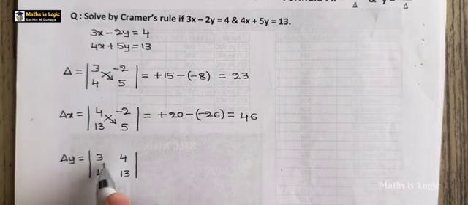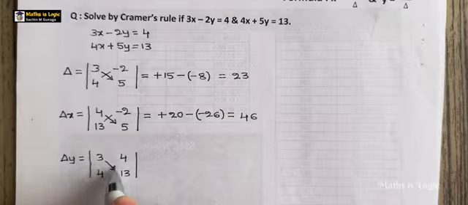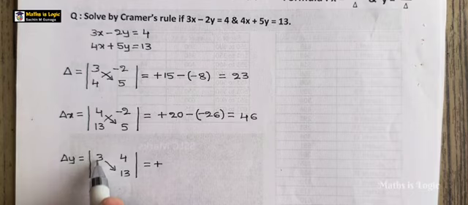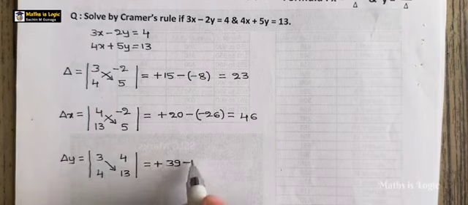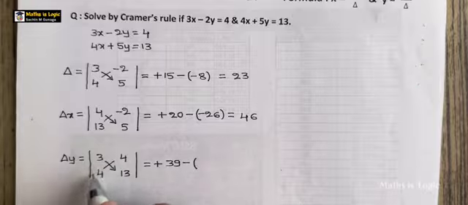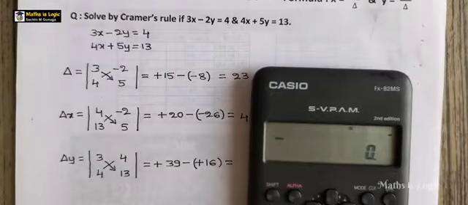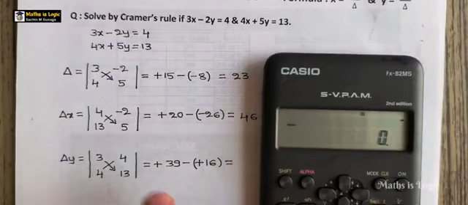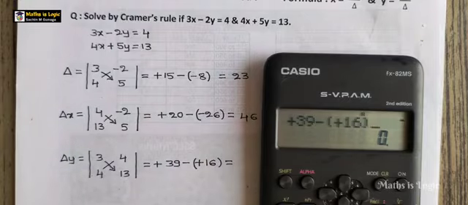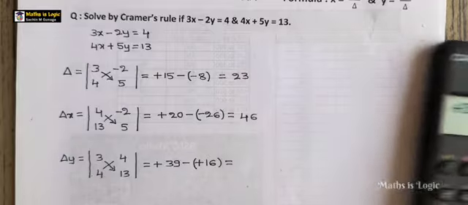Next, apply the second order determinant rule. Cross multiplication: plus into plus is plus, 3 into 13 is 39, minus, in bracket plus into plus is plus, 4 into 4 is 16. Using the calculator, 39 minus 16 is 23.